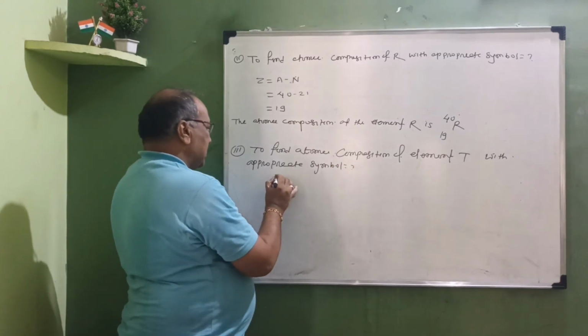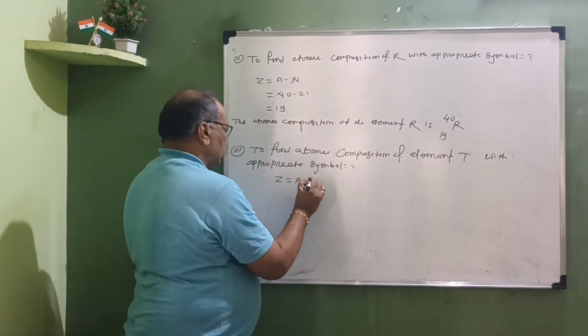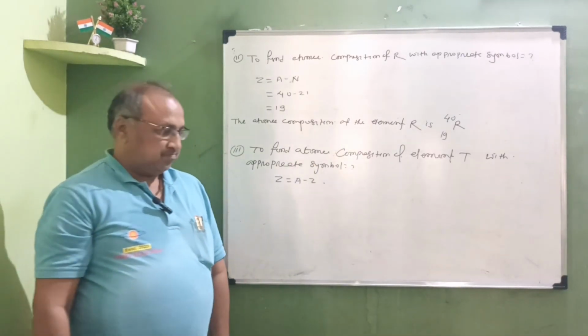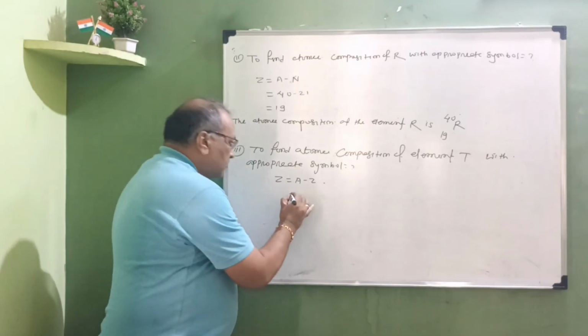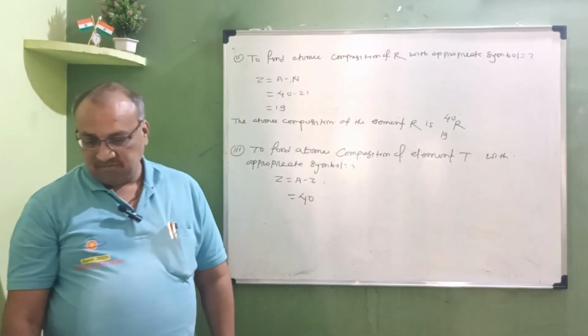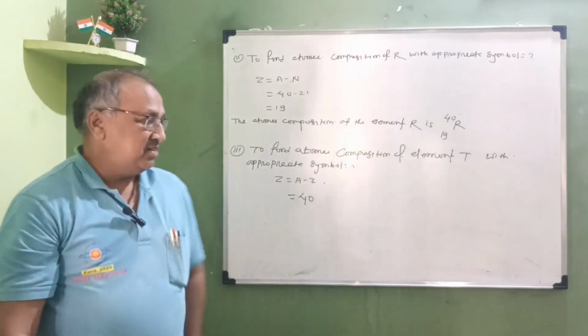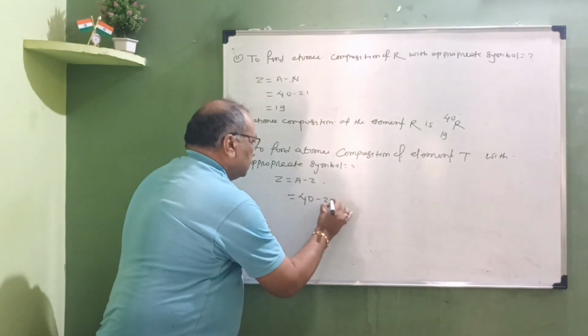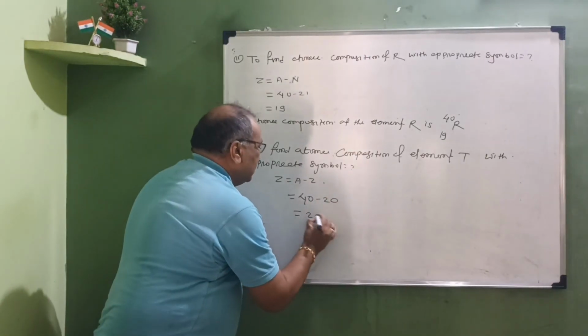That is here Z is equal to A minus N. That means here 40 minus N, the value of N is 20. That means here answer is 20.